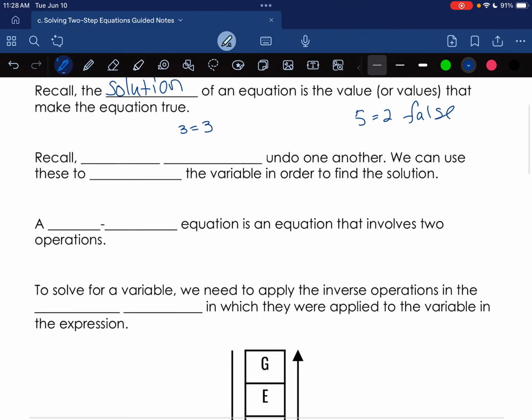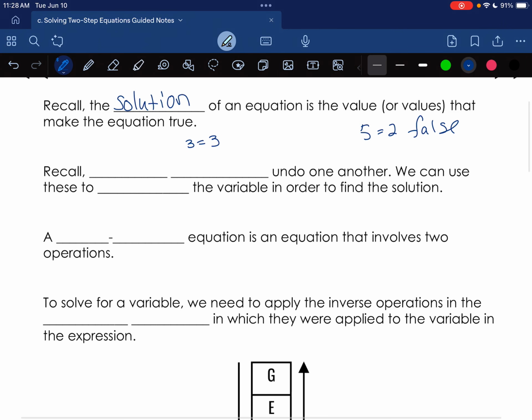All right, you'll also remember that inverse operations undo one another, right? So adding and subtracting cancel each other out. Multiplication and division cancel each other out. And so we can use these to isolate, or get by itself, the variable so that we can find the solution.